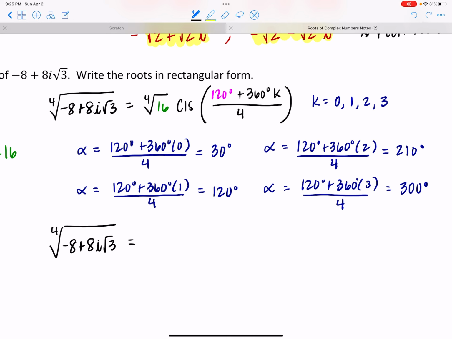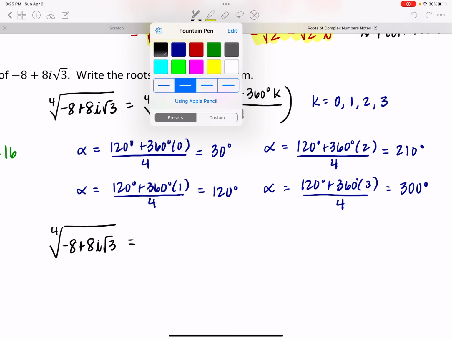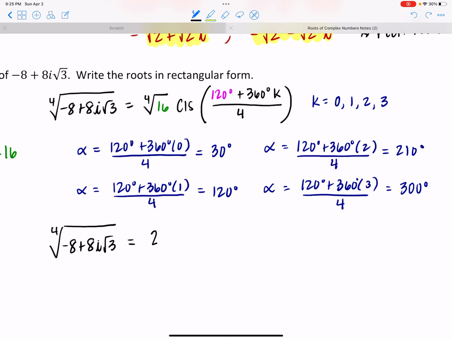So my 4th root of 16 is going to be 2. So my solutions will be in this form: 2 cis 30, 2 cis 120, 2 cis 210, and 2 cis 300.